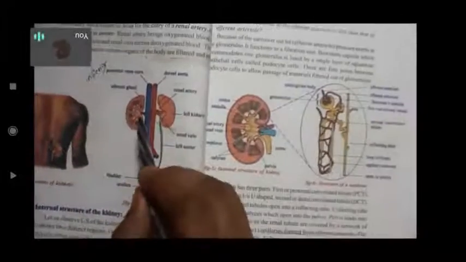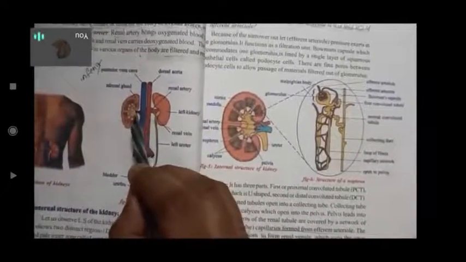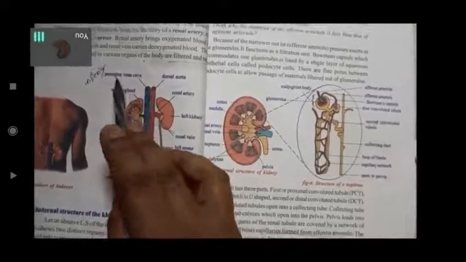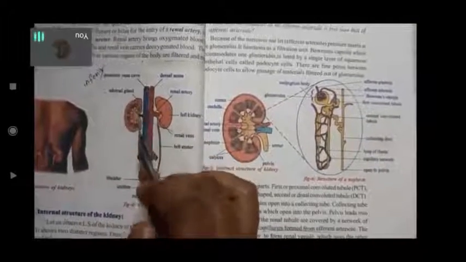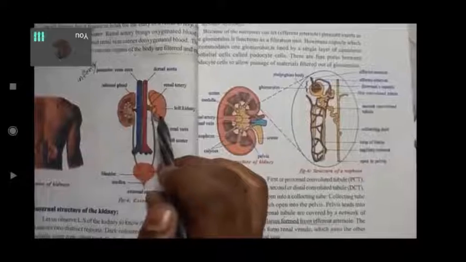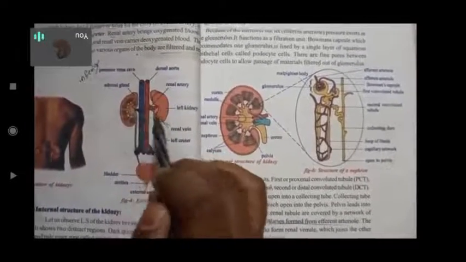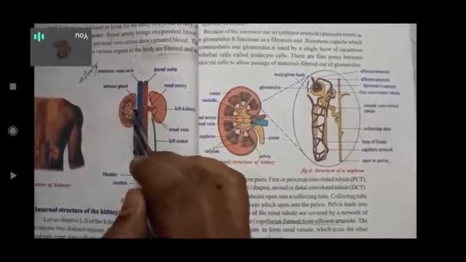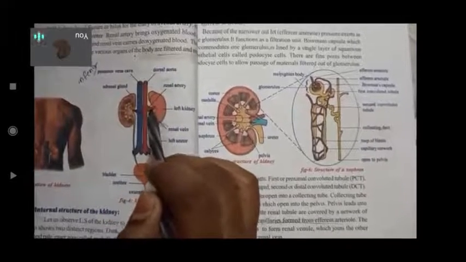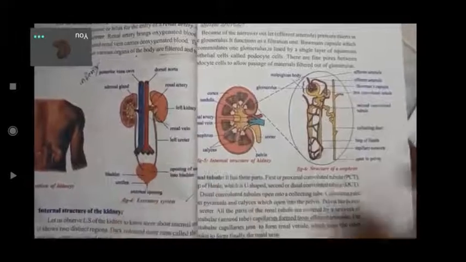So here the posterior vena cava has two branches, left and right, and each branch is again branched into two for each kidney. One is front and one is back. Here also one is front and one is back.